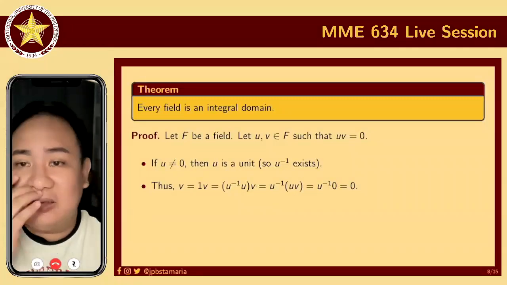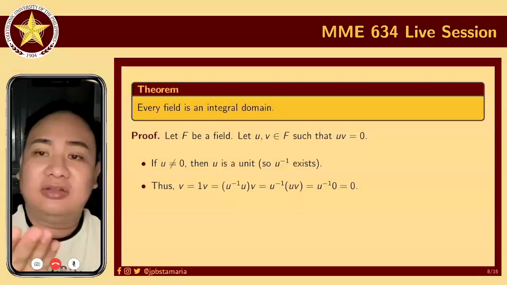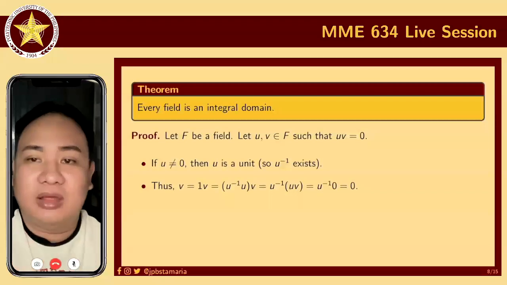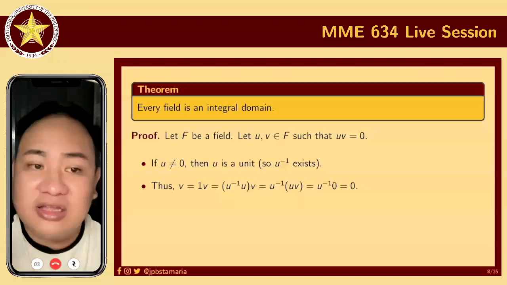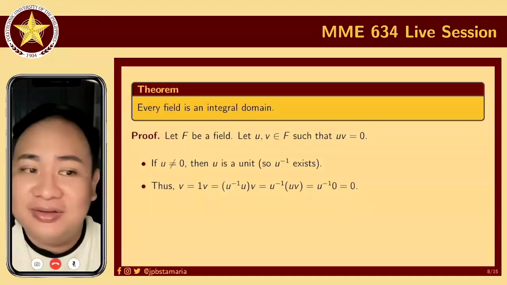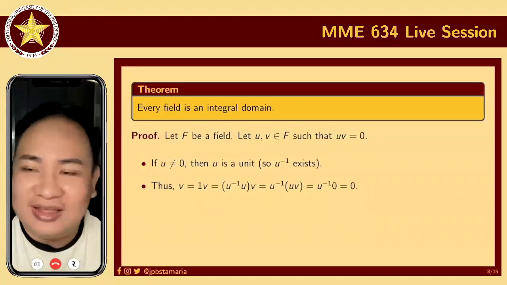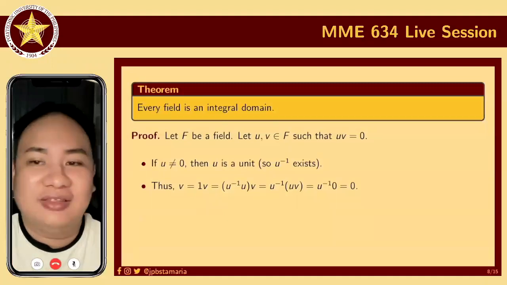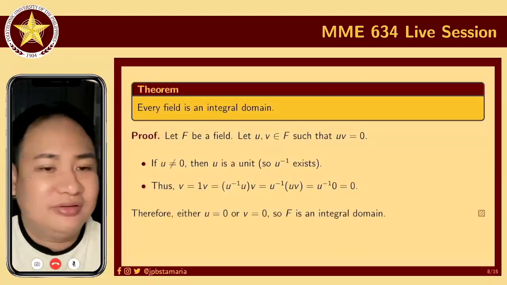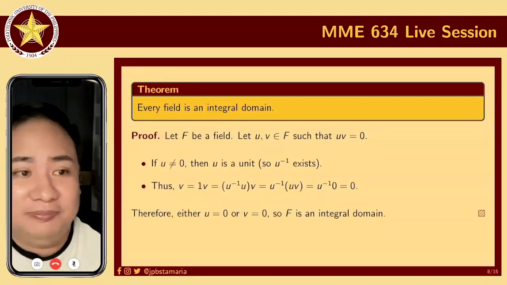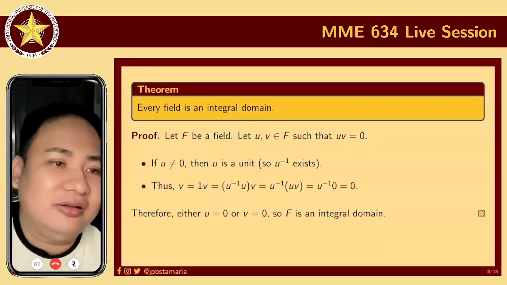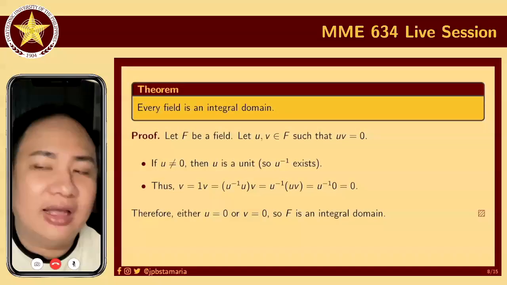So parang ganito mangyari kasi ang totoo naman kapag meron kang U, either it is 0 or not. If it is 0, we're done. If it is not 0, sino raw ang 0? Si V. So, therefore, logically, it says that either U or V is 0. Therefore, F is an integral domain. So, tandaan nyo ha, lahat ng field ay integral domain.